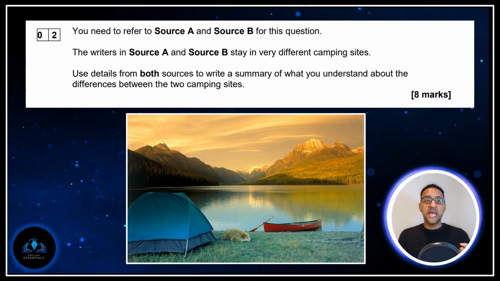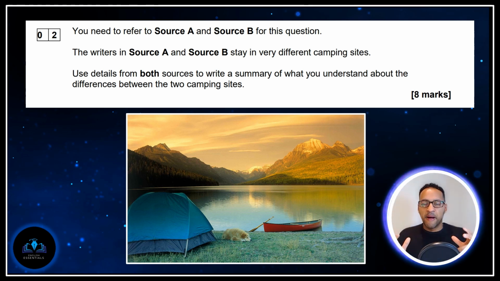So the question says, use details from both sources to write a summary. Now, if I was to ask you, what is a summary? Or to summarize what happened this morning, summarize what you did on holiday, that would be very different from what the examiner wants you to do when they ask you to summarize.